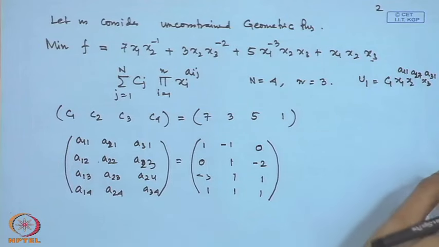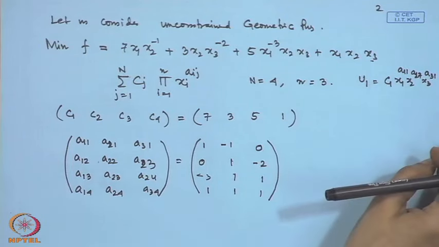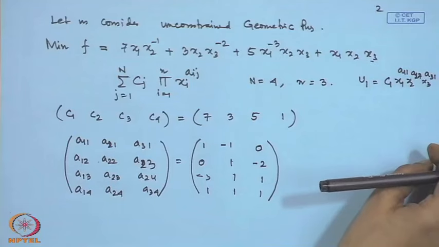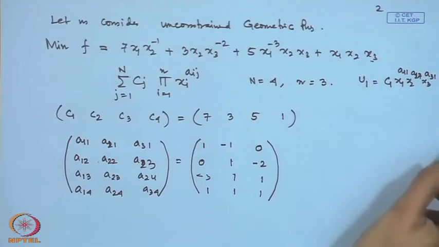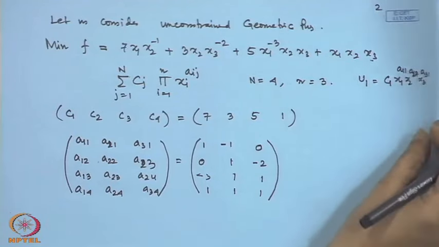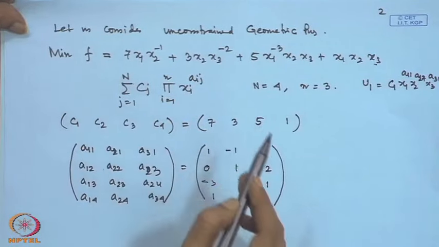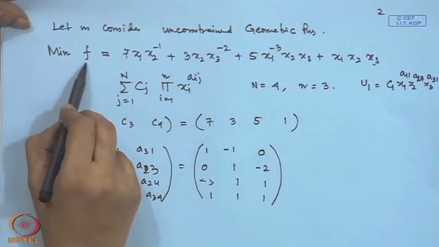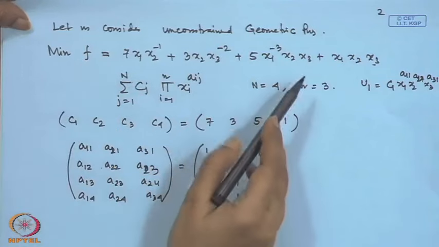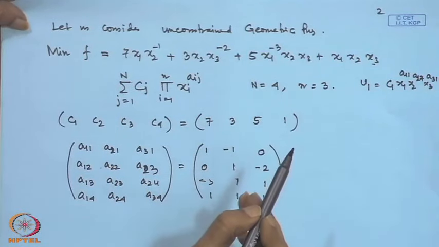Before going to the formal methodology, which is a little bit complicated, let me solve this problem first. We will use differential calculus here because this is an unconstrained problem, as we have learned in the classical optimization technique. If I want the minimum of f, first we differentiate f with respect to the individual decision variables and equate to 0.